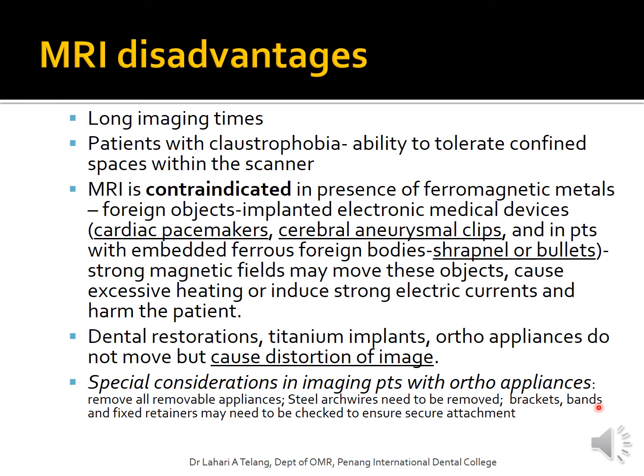Brackets, bands, and fixed retainers also need to be checked to ensure that they're securely attached, because all of these are made of stainless steel, which could move due to the strong magnetic field created during the MRI procedure itself.